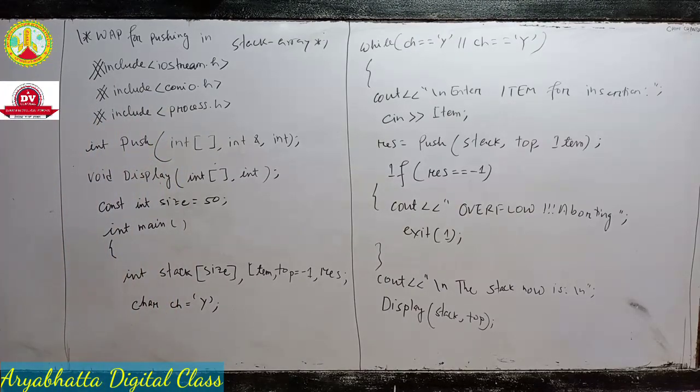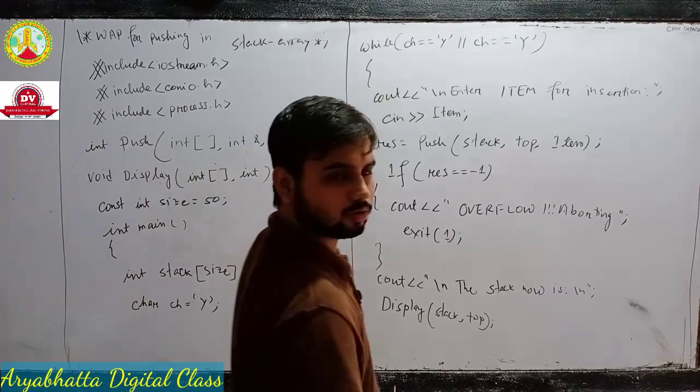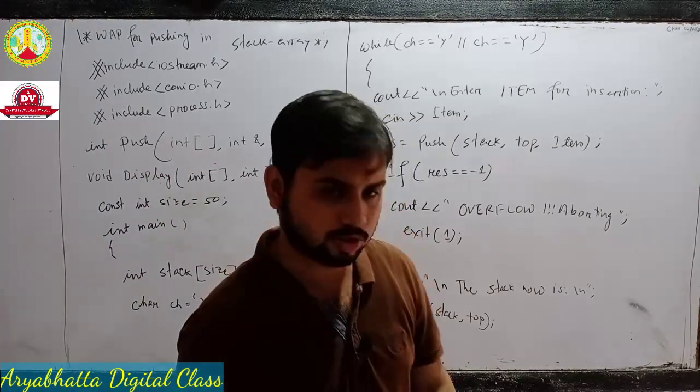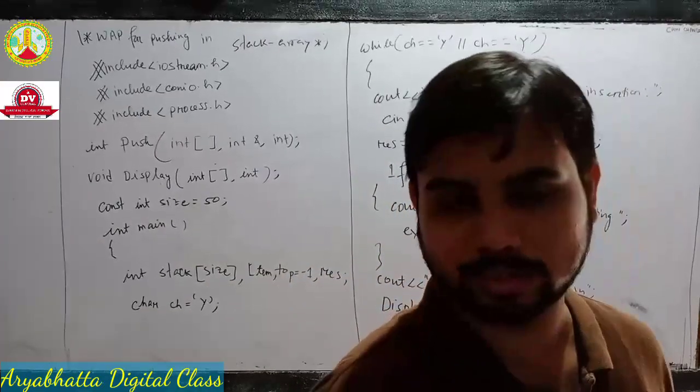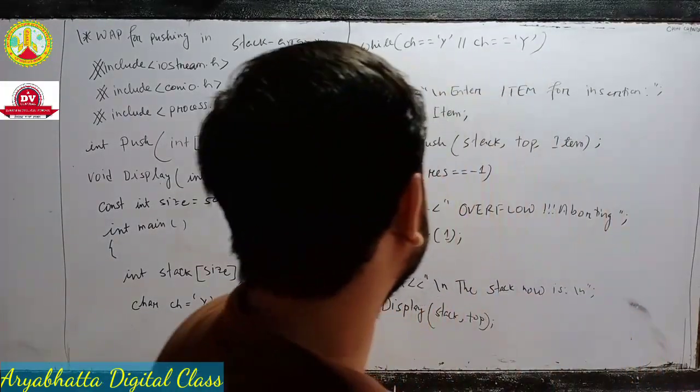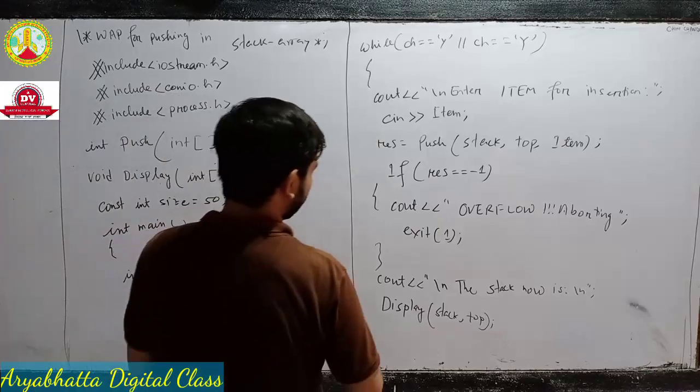Okay, this is the difference, you just remember. When your top is equal to minus 1, your stack is empty, but when res is equal to minus 1, your stack is full, means overflow, exit.